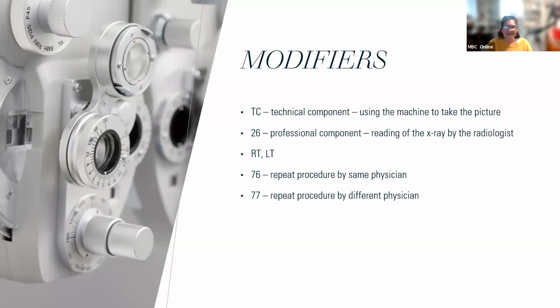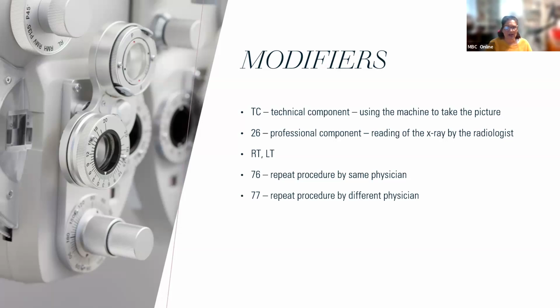Now, 26 is the professional component. This is the reading of the x-ray by the radiologist or even a physician. So some small offices take x-rays in the office, the physician looks at them, and if it's in the office, the physician would not have to use a modifier.